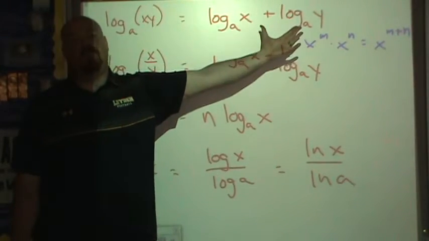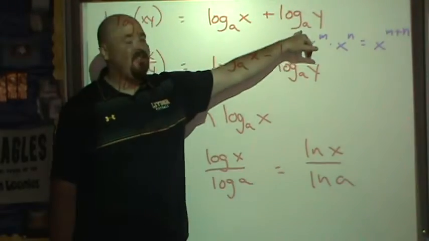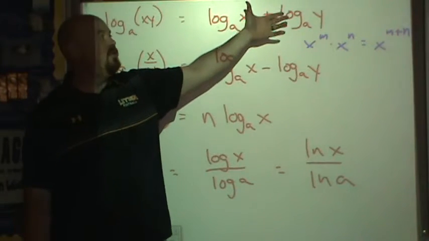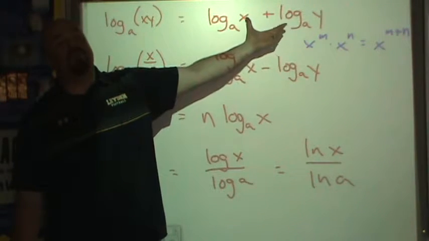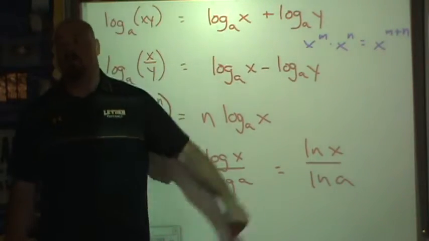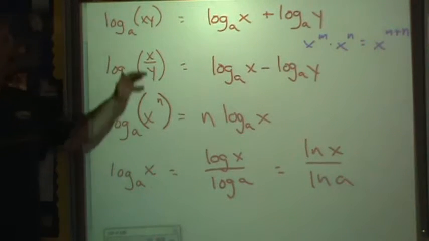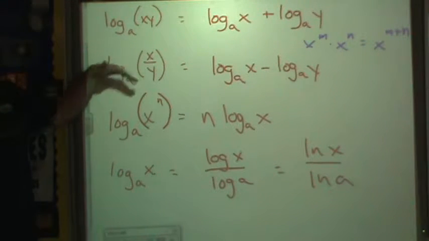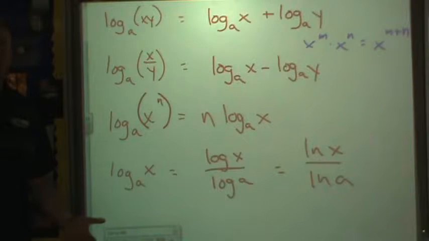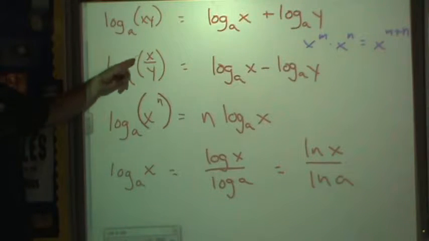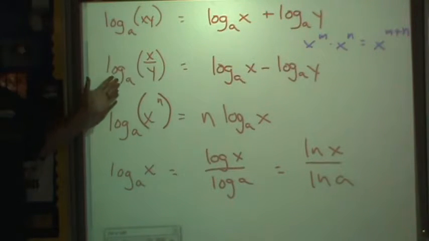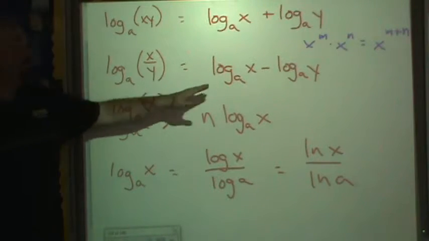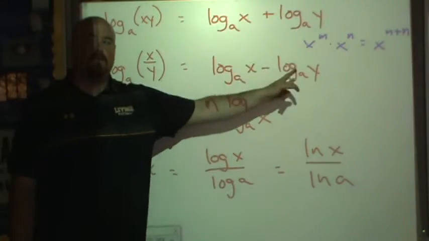If you have the sum of two logs, with emphasis on the fact that the bases have to be the same, you can take two logs that have the same base and write them as one with a product, right? The rest of these follow suit. When you divide exponential terms, you subtract their exponents. So the logarithm of a quotient, or the logarithm of a fraction, can become the difference of two logs.